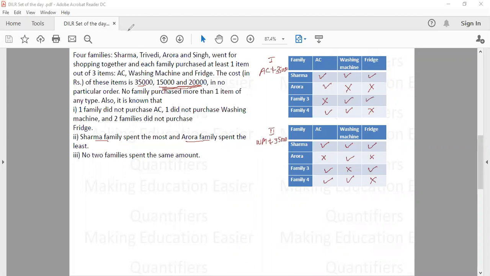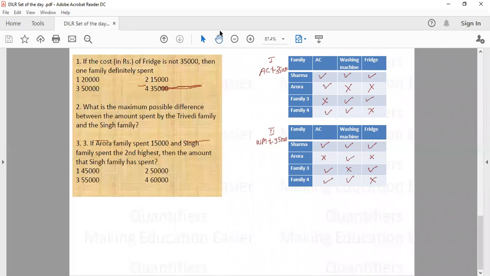Let us now move on to the questions. The first question says, if the cost of the fridge is not 35,000, then one family definitely spent... No, the fridge does not have cost 35,000. Let's take the first case. The fridge does not cost 35,000.